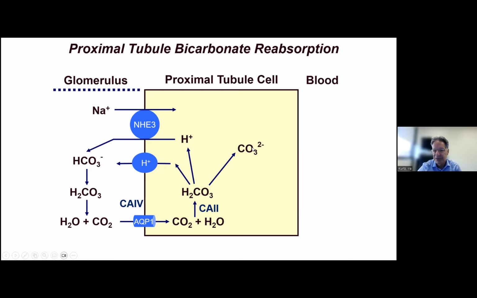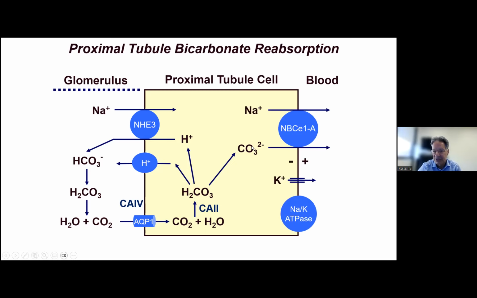So once the carbonate is formed, it gets out of the cell on another protein called NBCE1A that we've studied for a number of years in my laboratory. This protein transports one sodium ion and a carbonate. What you can see is that the charges on these two things are not equal. So this transport process carries what we call an electrical current across the membrane here.